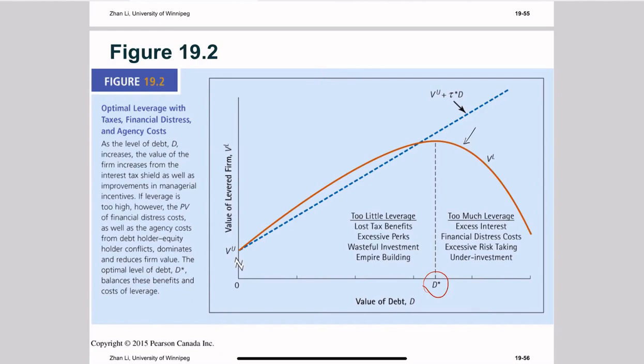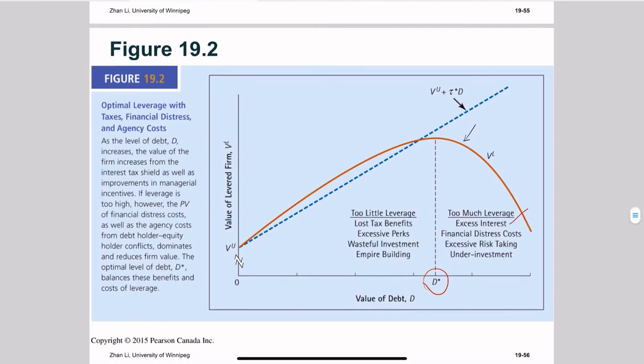For example, if the firm is using too much leverage, there is this excess interest. Right? So we discussed this. That is, you don't want interest payment to be larger than EBIT. Right? If interest payment is larger than EBIT, we will have excess leverage. And then we understand because of the difference in personal taxes on equity income and interest income, having excess leverage will in the end generate this tax disadvantage of debt, which will reduce the firm's value.